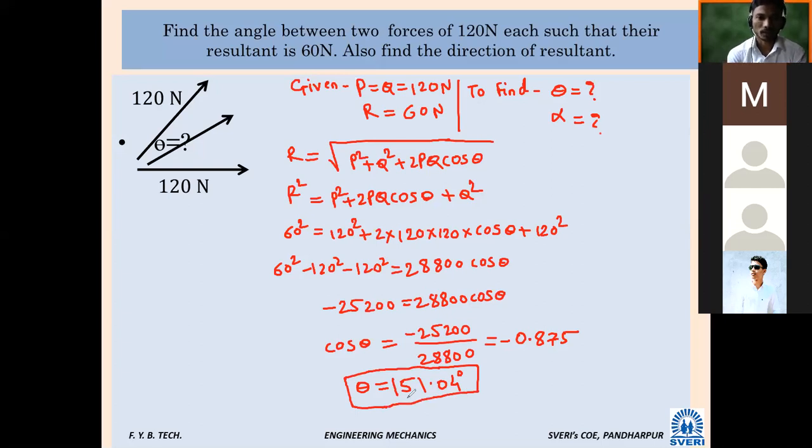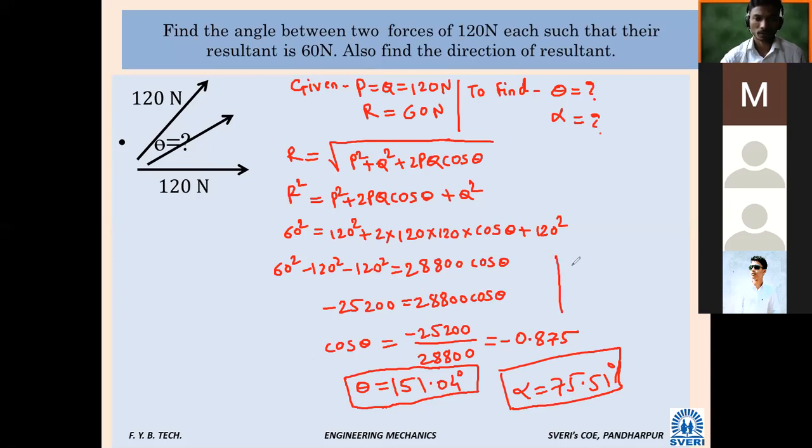Similarly, calculate the value of alpha. Put this value in the formula. Alpha is coming 75.51 degrees. The value of theta is with you. What is the formula for tan alpha?